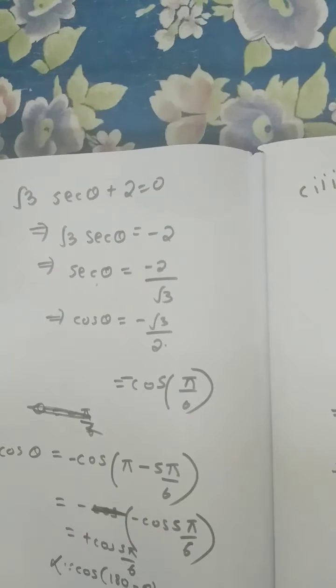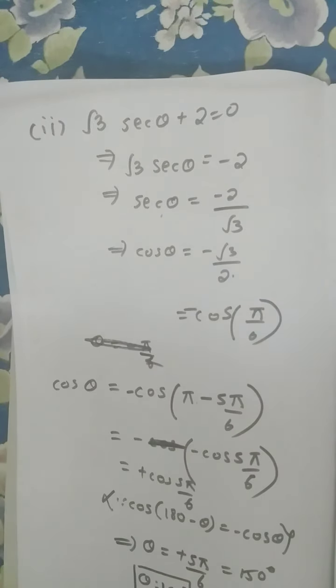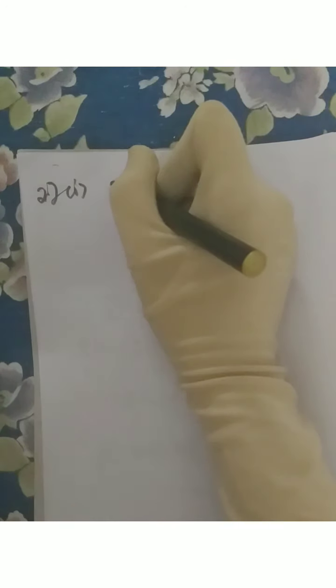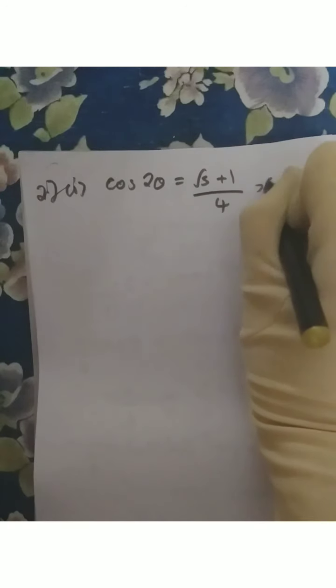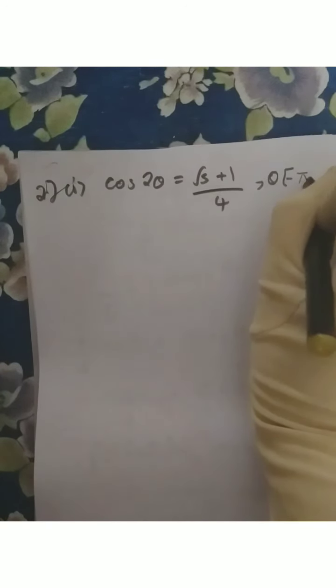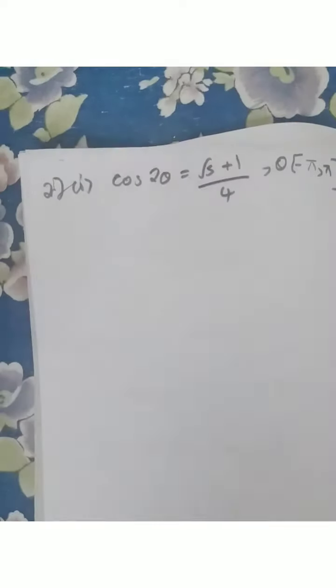Now moving on to the second question, first bit. Here it is asking me to solve the following. Solve the following means I have to also find out the general solution and also the value of theta. Second question, first bit: I have to solve cos 2 theta is equals to (root 5 plus 1) by 4, and it told me in the question that theta belongs to minus pi to plus pi.